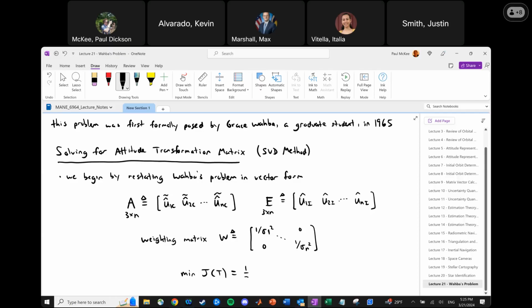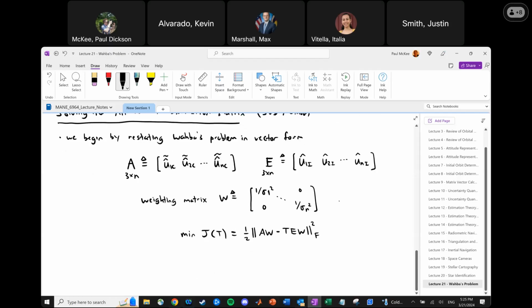And this is 1/2 of the norm of AW minus TEW squared F. And in this case, we should make a point where this operator here is the matrix norm, what's called the Frobenius norm.